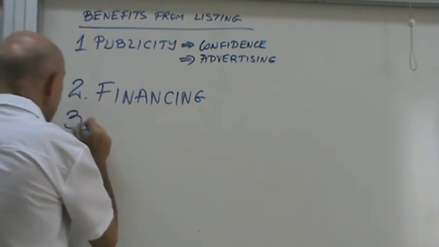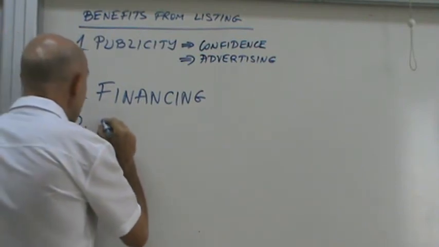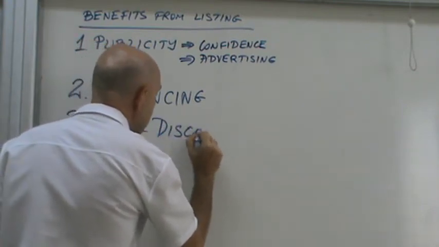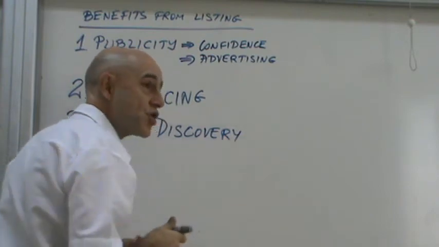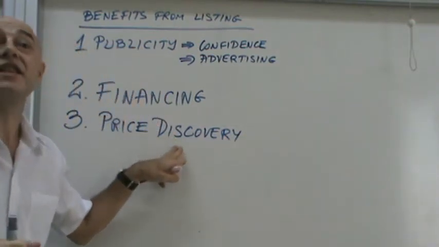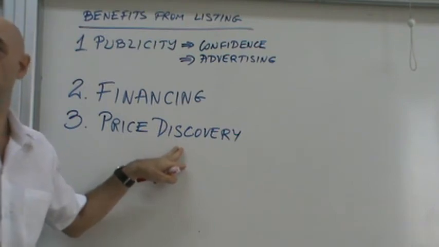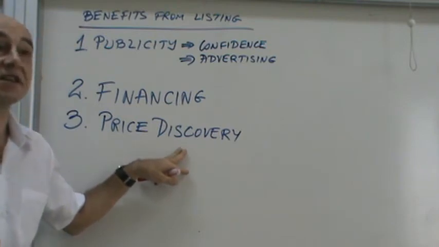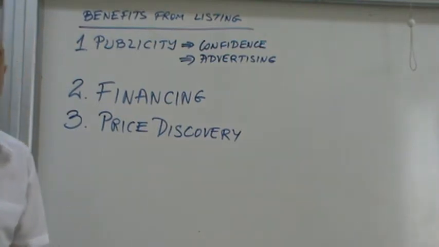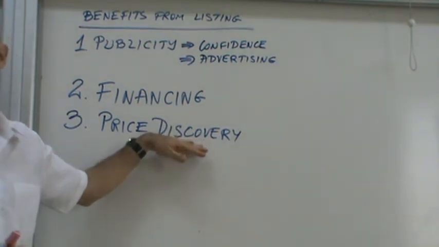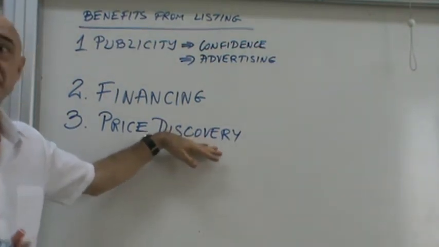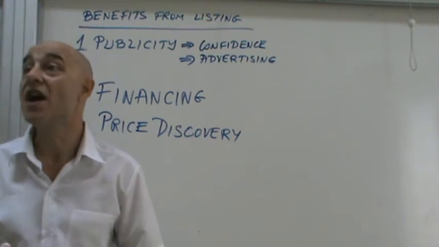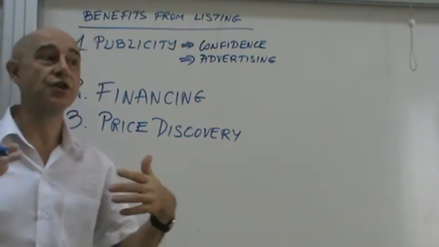The third one, of course, is probably one of the most important, and it is called price discovery. The major benefit of a secondary market is that you can see what the price of the share is. Millions of people buy, millions of people sell, so it is a consensus of what a few million people think your share is worth. So you can see what's going on with your stock. Also, price discovery means that you can see what others think you're doing.